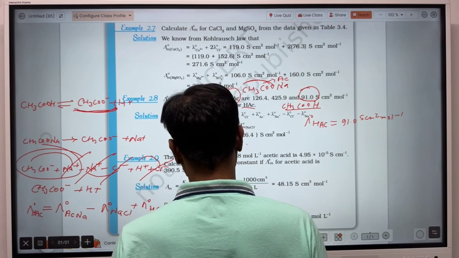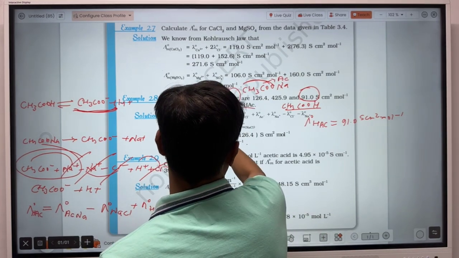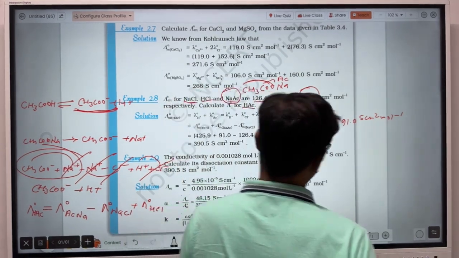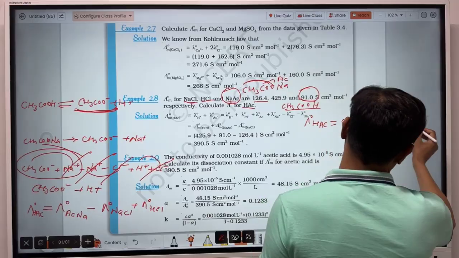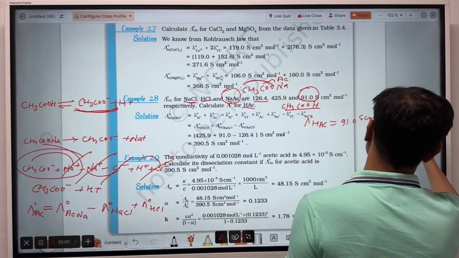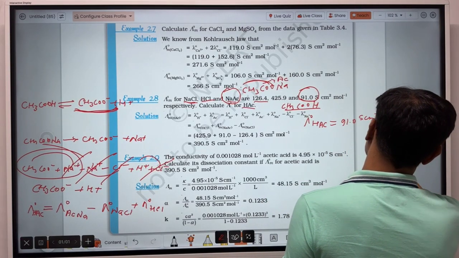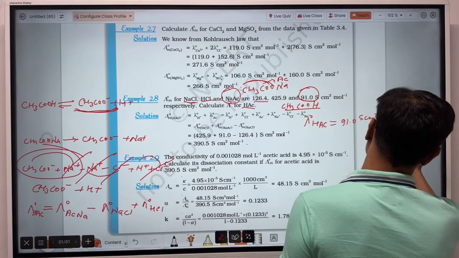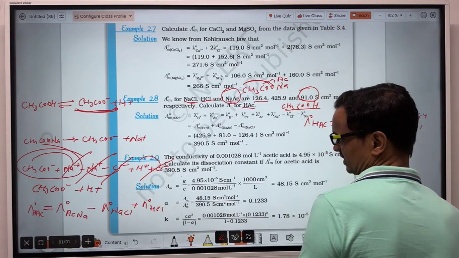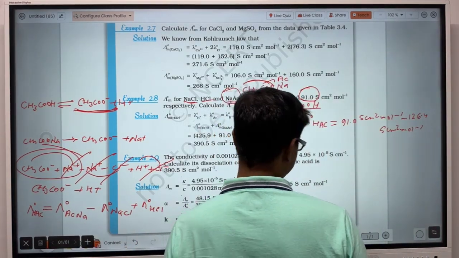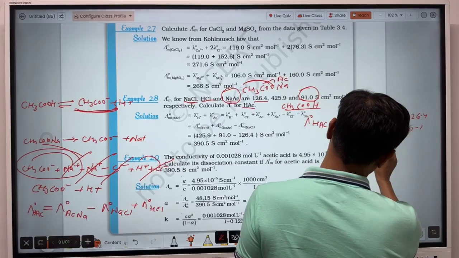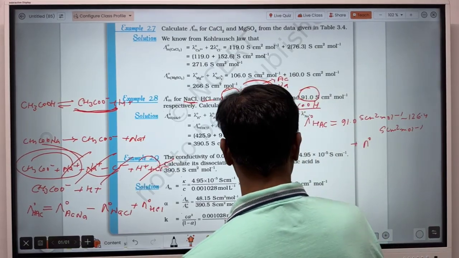Then for sodium chloride, here 126.4, so that is minus 126.4 Siemens centimeter square per mole. And plus the limiting molar conductivity of HCl.